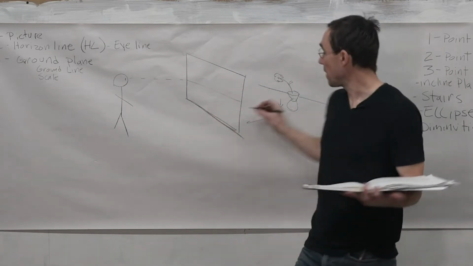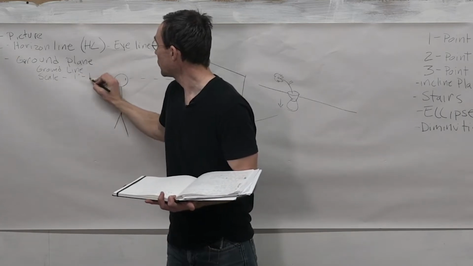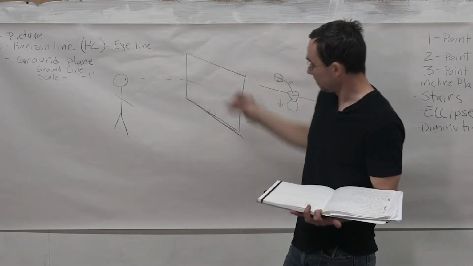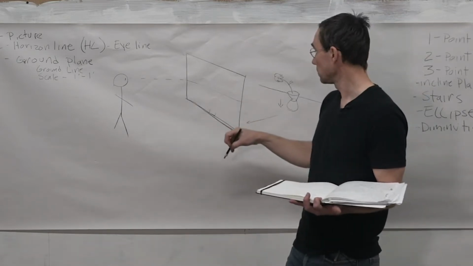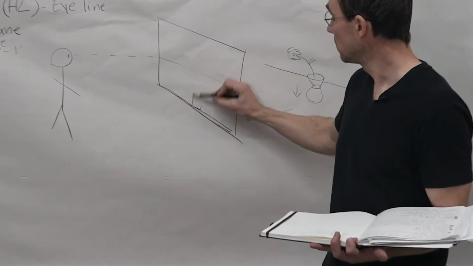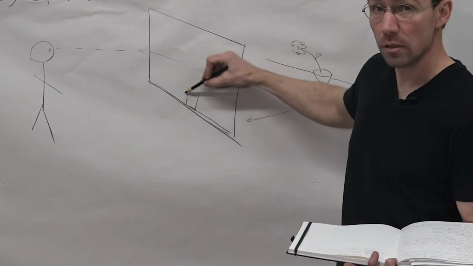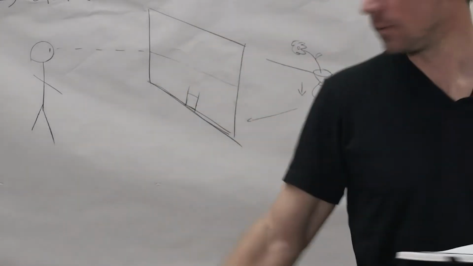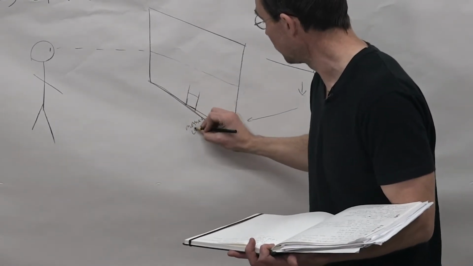So if we have a scale of 1 inch to 1 foot, then at the ground line, that 1 inch would equal 1 foot in real life. So if we were to draw a cube there, and it was a 12-inch cube, then that would just be 1 inch wide, 1 inch tall, to give us a 12-inch cube. We call that the mother cube.